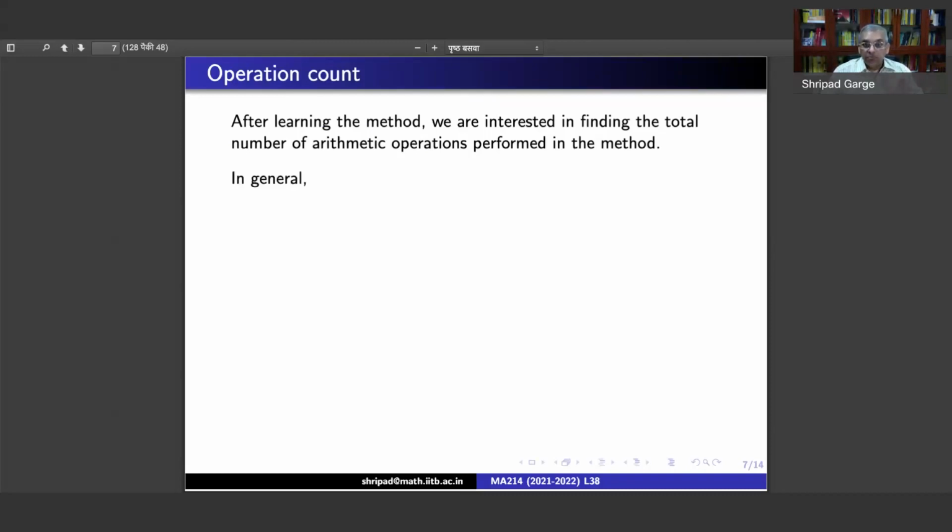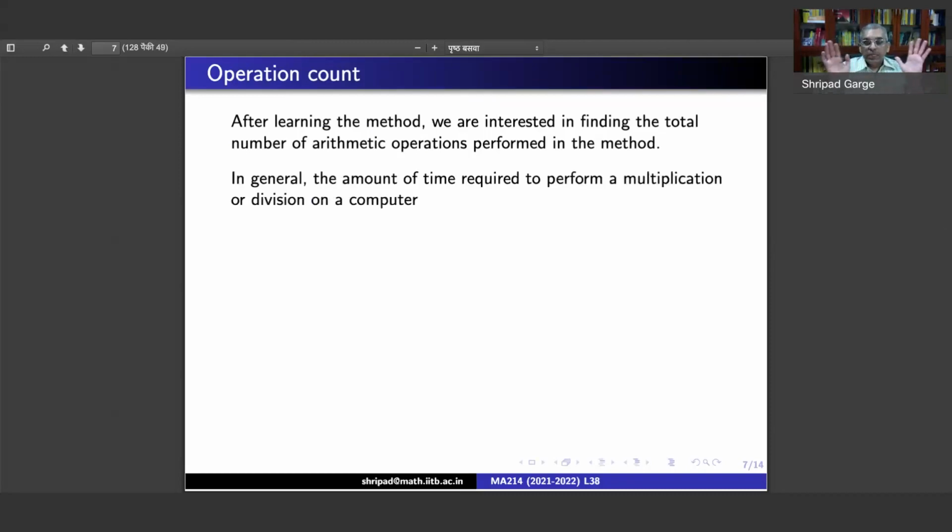So in general, there are actually four types of operations. You have to do addition, subtraction, multiplication, and division. The addition and subtraction are similar in nature. Multiplication is slightly more complicated because it is a complicated form of addition, and division is even more complicated.